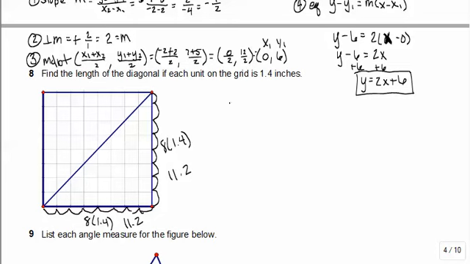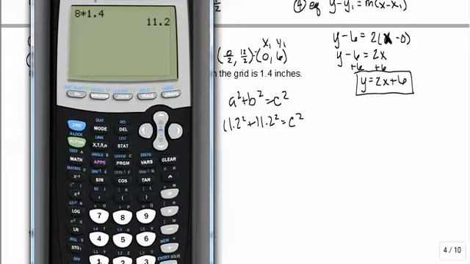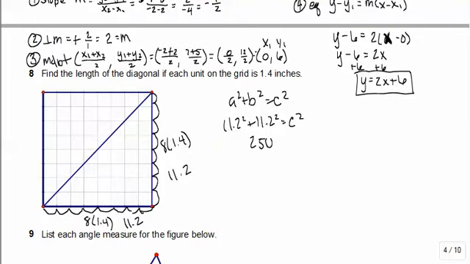So now we do Pythagorean theorem. a squared plus b squared equals c squared. 11.2 squared plus 11.2 squared equals c squared. 11.2 squared plus 11.2 squared is 250.88 equals c squared.